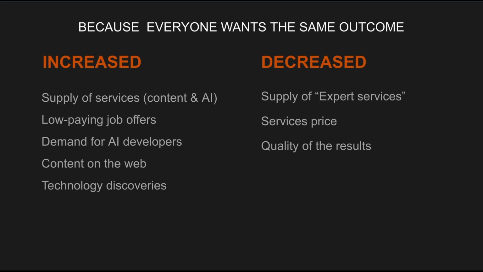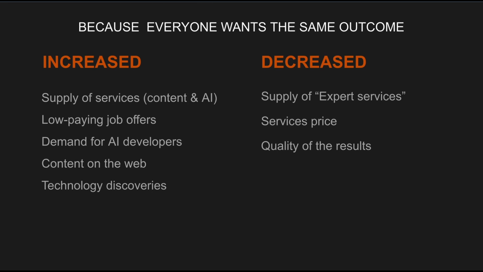So what are you going to do? You're going to start a Fiverr gig, you're going to go to Upwork and post your services, and this is what will happen. When we have an excess supply, we're going to have a decrease of something else.